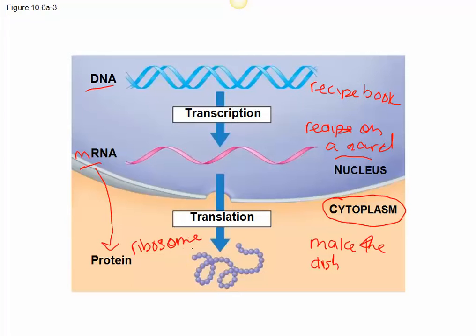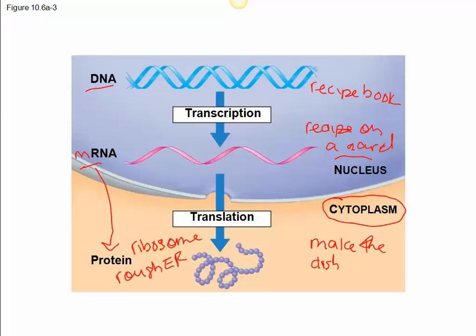But where are these ribosomes? Are ribosomes in the nucleus? No. Ribosomes are out in the cytoplasm. You could even say the rough ER, which is fine. But again, the rough ER, is that in the nucleus? No, the rough ER is out in the cytoplasm. So generally we say that translation takes place out in the cytoplasm. This is where we take the message that's contained in the messenger RNA.